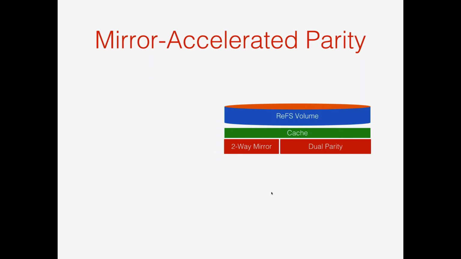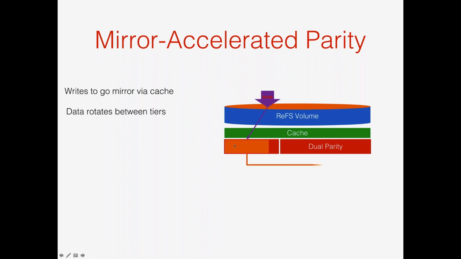This gives you between 60 and 80% disk efficiency. So if your budget can't stretch to 3-way mirroring all the way, you could consider mirror accelerated parity, as long as you have 4 or more nodes in your cluster.